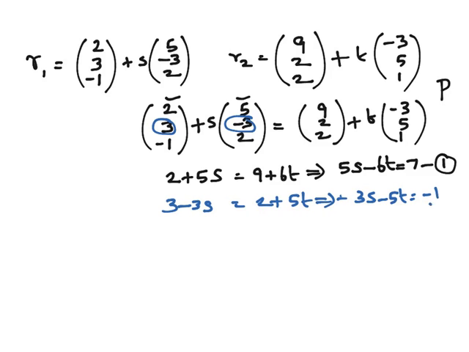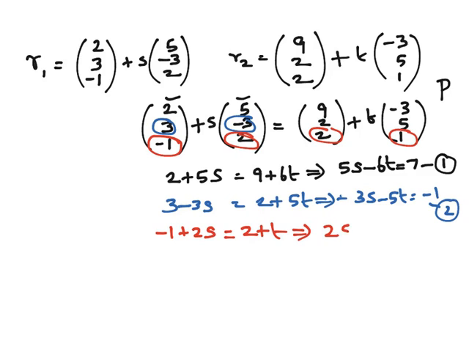So this is equation 2. Now let us take the last part, that is -1 and 2. So you get -1 + 2s equals 2 + t, which implies 2s - t = 3. So equation 3. So I have 3 equations now.